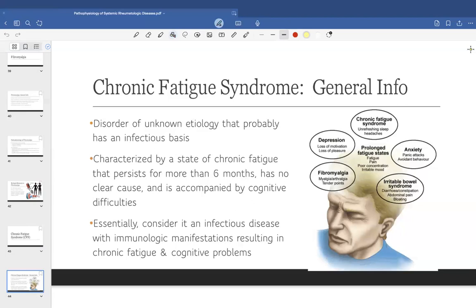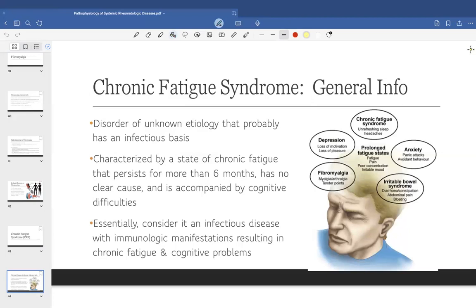And so they seem to think that chronic fatigue syndrome does have an infectious etiology. Anybody here had infectious mono before? Yes. How tired were you? Okay. EBV is one of the biggest, and EBV stays with us, it hides out.